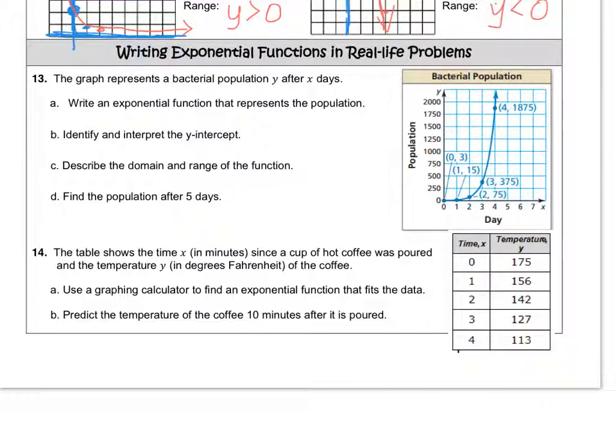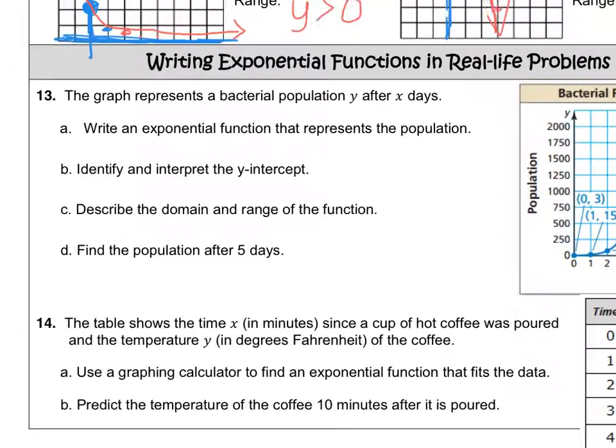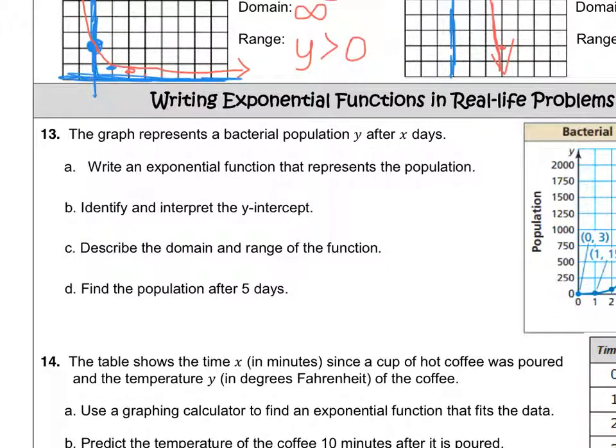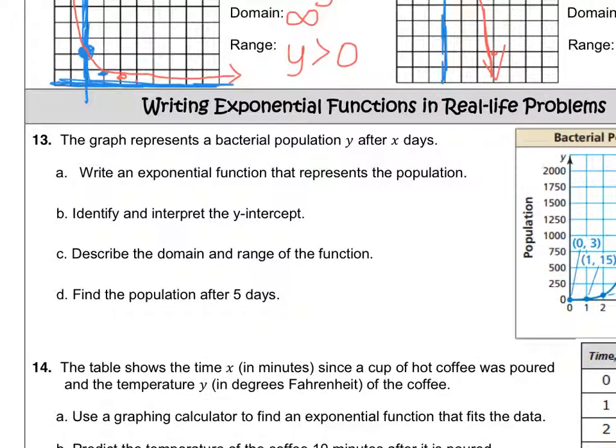So this is a good time to start talking about what the A means and what the B means, because we're going to need to write an equation in the form A times B raised to the x power. So the A is our y-intercept, and the B is our ratio, the number we're multiplying by each time. B is the ratio.